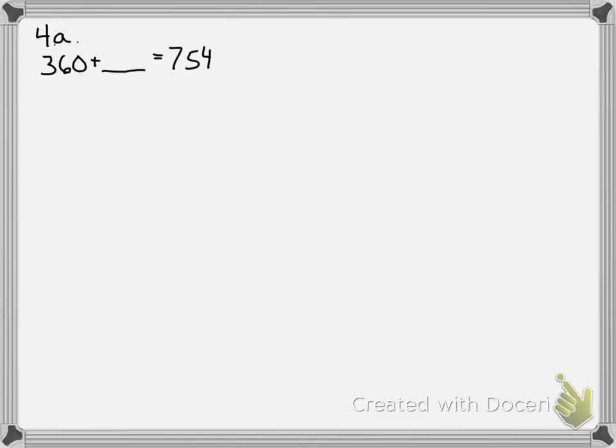Alright, so for this one I'm going to give you a little hint before I show you how I would do this. So right after I show you the hint, you're going to pause, try to work this out on your own. Okay, so I see that I have 360 plus blank equals 754.